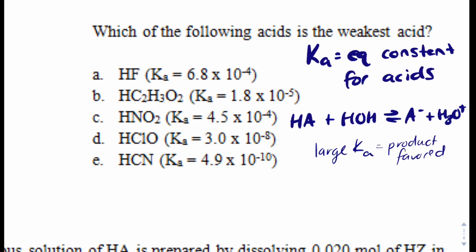And if I add an A there and make it Ka, it's still going to mean product favored. And so with acids, if I'm product favored, I'm producing a lot of hydronium, so that would mean a strong acid. So this says what is the weakest acid? That means I want to look for the lowest Ka, and it looks like that would be HCN because it has the lowest Ka value.